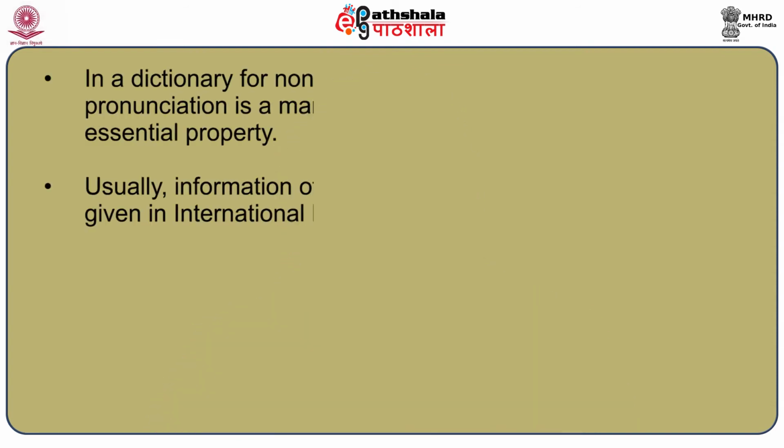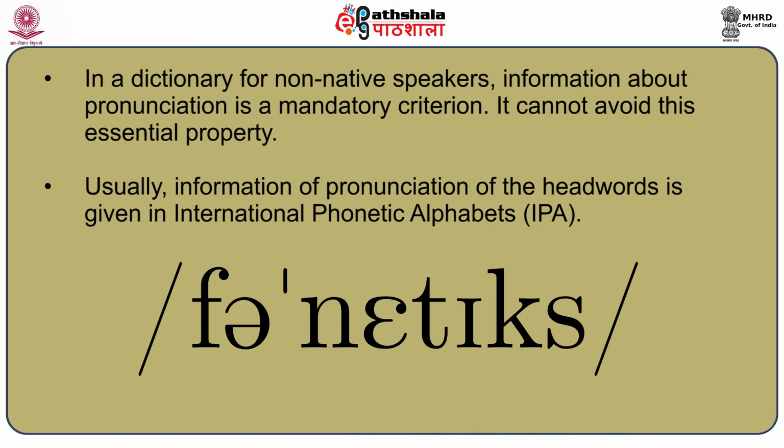The Oxford English Dictionary, one of the most consulted dictionaries in the world, meticulously presents the standard English pronunciation for each and every word included in the dictionary. It is known that the majority of British speakers use this dictionary quite frequently to learn accurate pronunciation of words. In a dictionary for non-native speakers, information about pronunciation is a mandatory criterion. It cannot avoid this essential property.